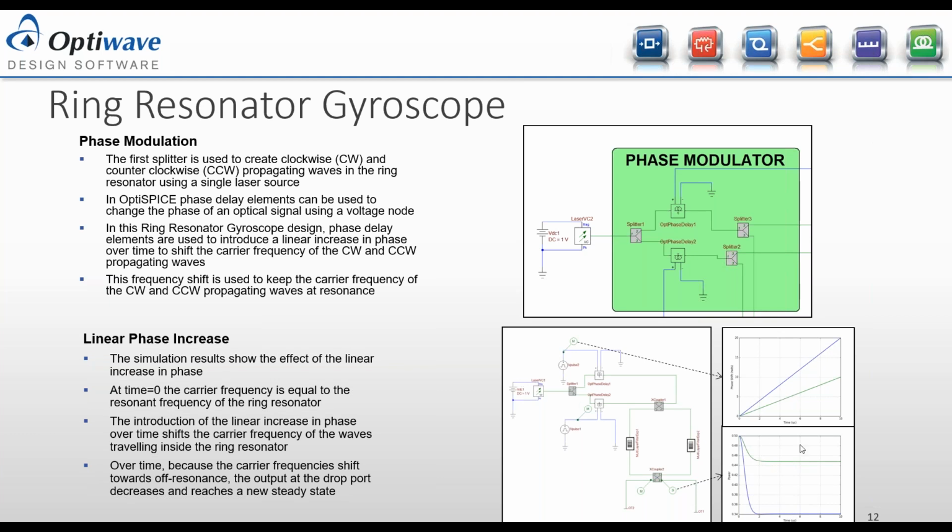You can see the simulation results over here, where starting from time 0, as we're changing the phase, the signal goes from on resonance to off resonance, and based on the rate of change here, we see that the signals go a different distance away from the resonance.